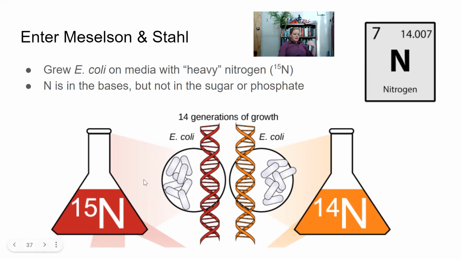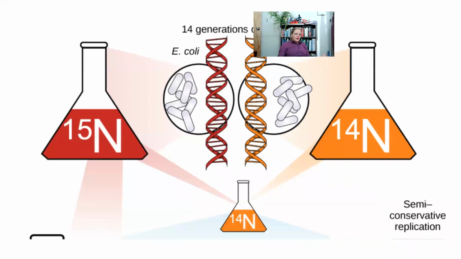What these two researchers did was grow some bacteria on the heavy nitrogen media and then some on the regular nitrogen media, and then they put equal parts into another container containing nitrogen 14, the regular nitrogen.